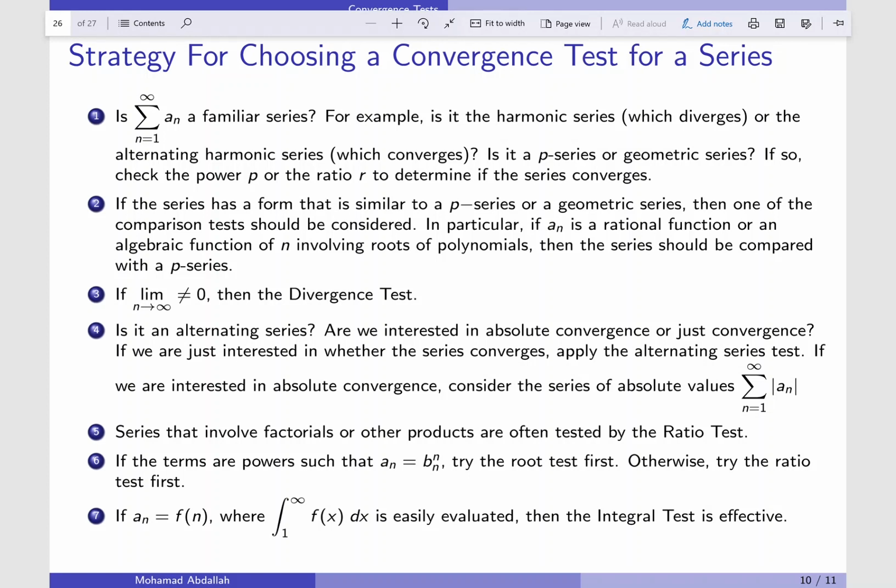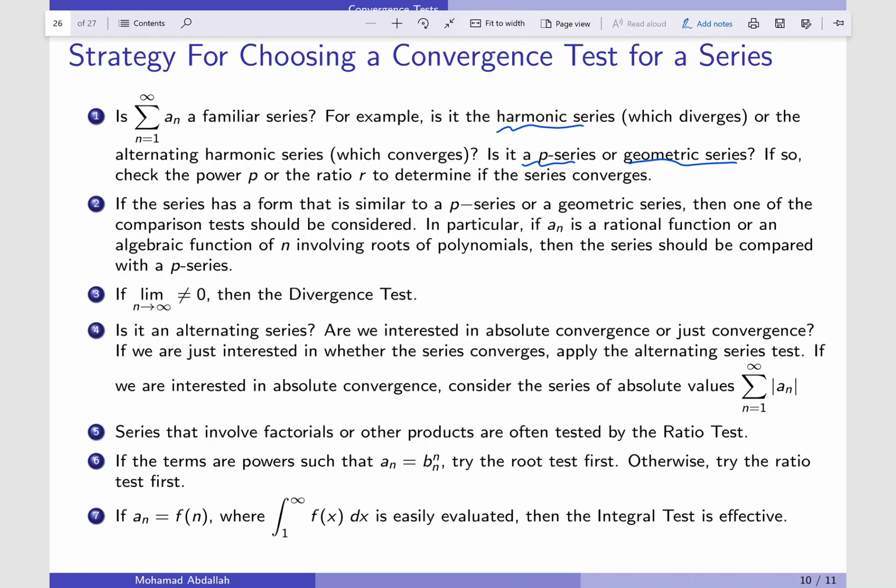For example, it could be equivalent to harmonic series, like a constant times harmonic or harmonic plus something. It could be an alternating series. It could be a P series. It could be a geometric series. So these series are familiar. We know them without testing. No need to test them. Once we spot them, we know whether they converge or whether they diverge. So this is very important to do at the beginning.